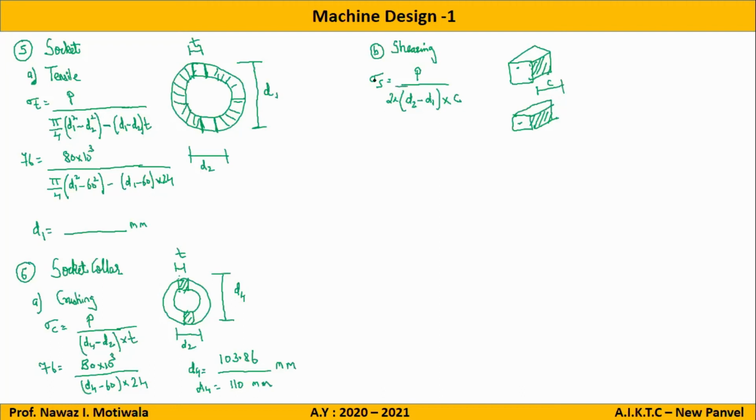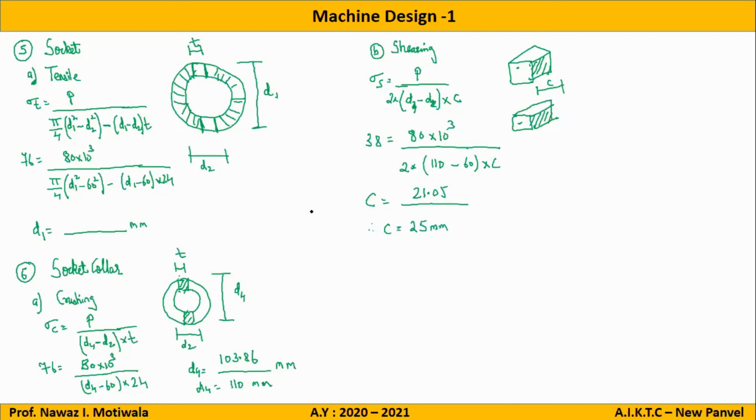So the final formula will be sigma s equal to P divided by 2 into (d4 minus d2) into c. So sigma s we have is 38. Thickness of the sheared part is 21.05. Okay, 21.05, so we do not approximate it too much. Let us say c is equal to 25.